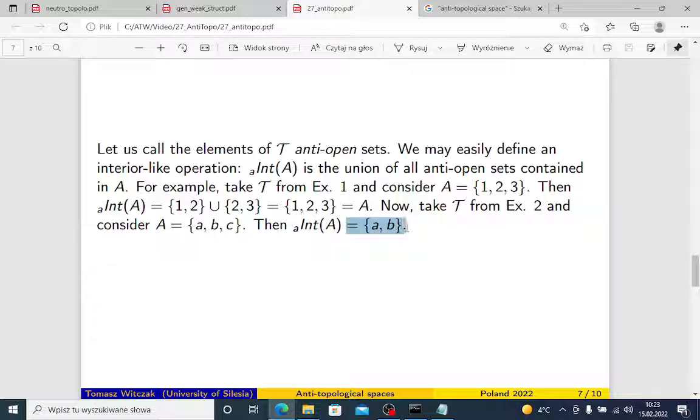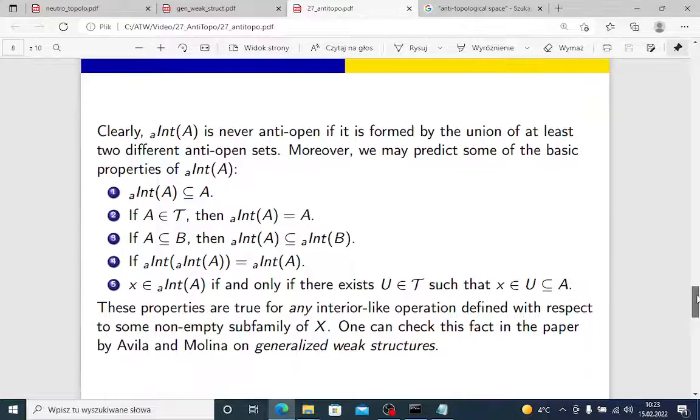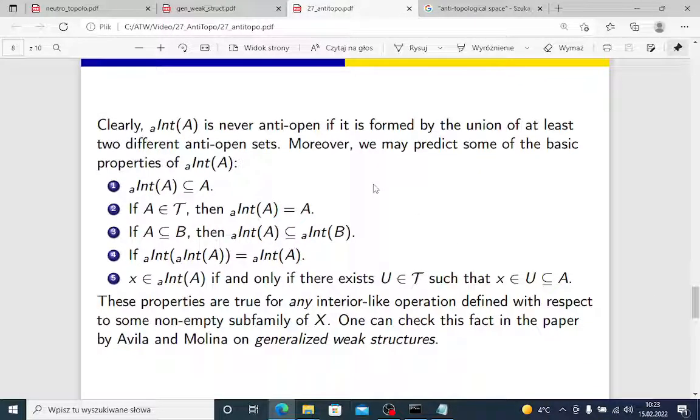So the anti-interior of A is AB. Clearly, this anti-interior is never anti-open if it is formed by the union of at least two different anti-open sets. Yes, because any union of two different anti-open sets is not anti-open, it's beyond the anti-topology.